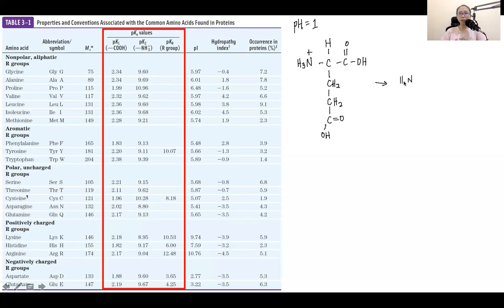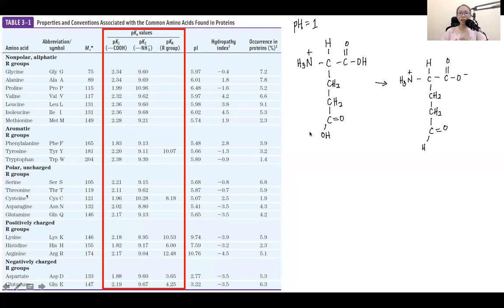functional group. So we have this structure for half of the molecules, while the other half still have their protons in the carboxylic acid functional group.